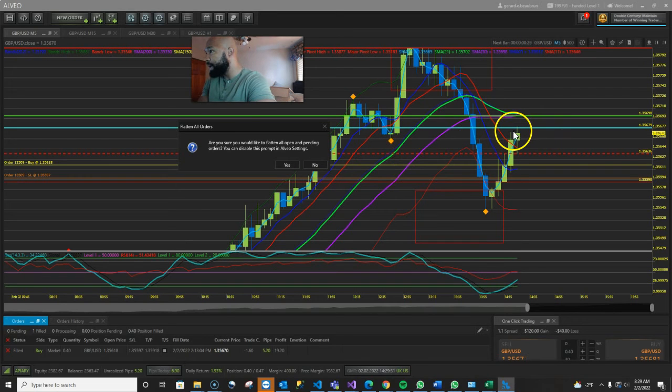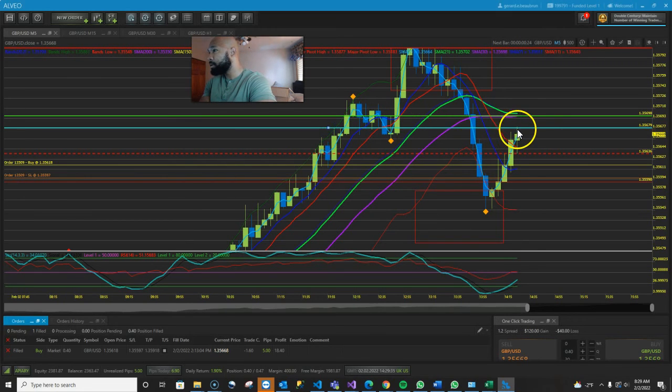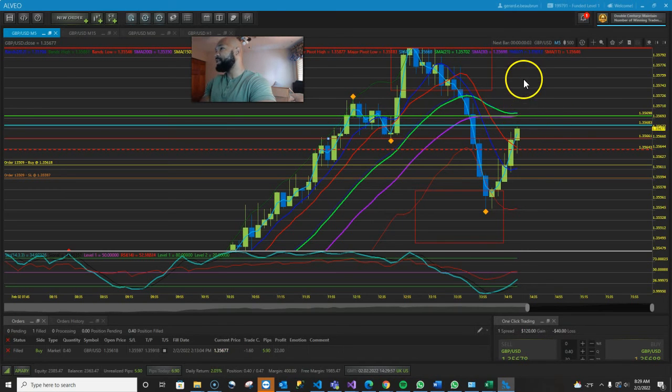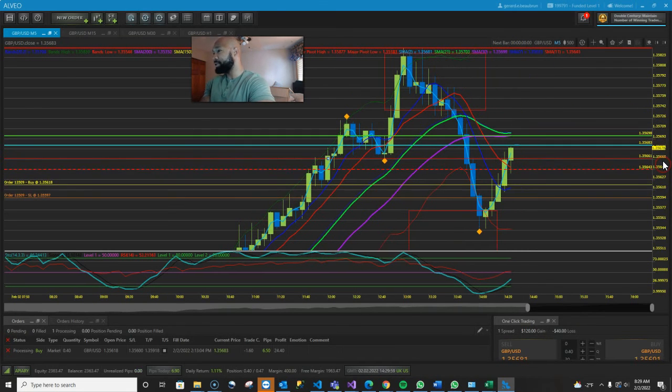It reversed past the previous high. This is the high now. This is the previous point of support line. We can do this. If it breaks and goes all the way up, that'd be amazing.